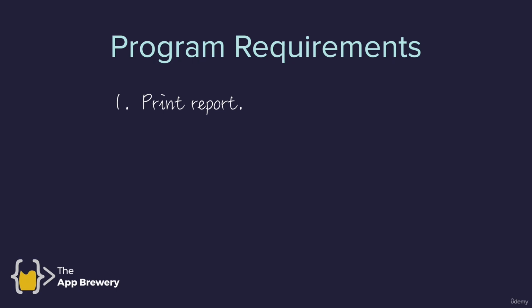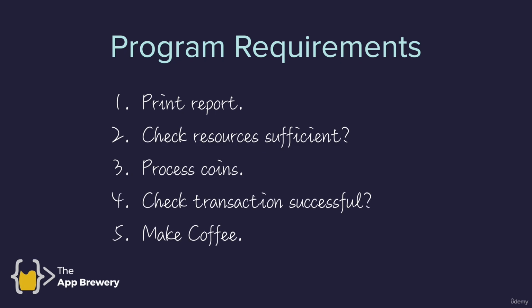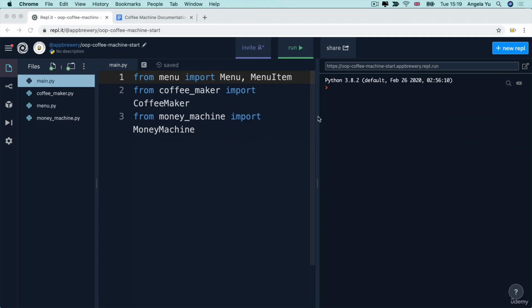You have to print reports for all the resources, check the resources are sufficient, process coins, check the transaction is successful, and finally make coffee. But in this case, you're going to be working with objects. In the course resources, you'll find a link to the starting project for the OOP coffee machine. If you head over to this link, you can see that there's a whole bunch of code that we've already written for you.